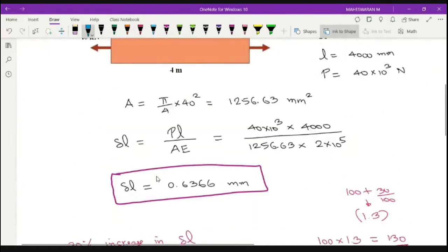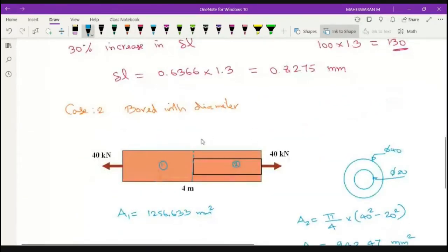So the question is, what is the length? I have to make the hole, and I don't know what is my length. Okay, but I know the total length. My total length is 4000, already identified. In that case, I can identify this length. So what will be this length?